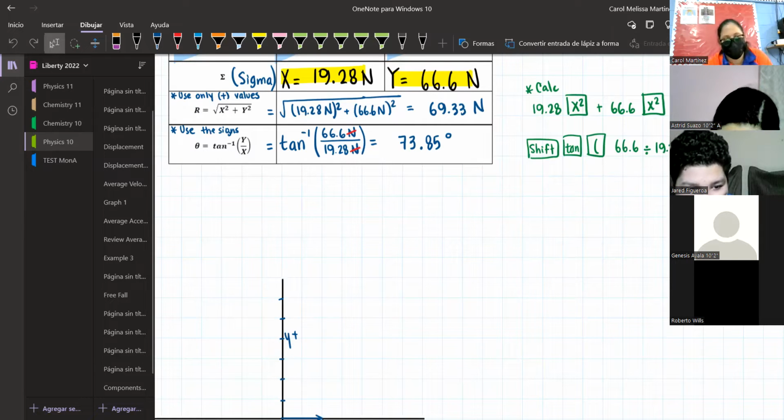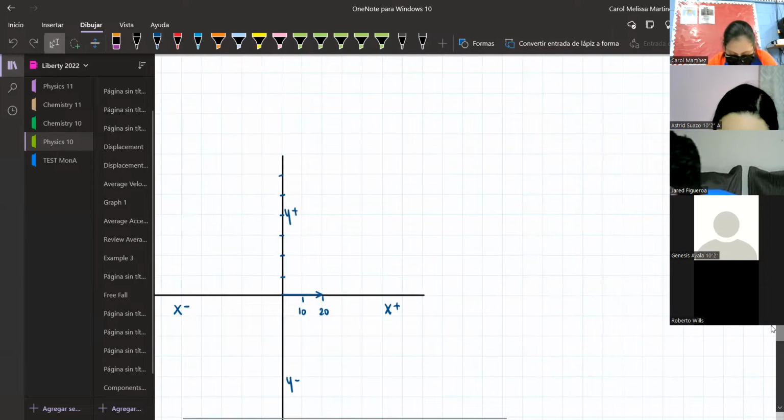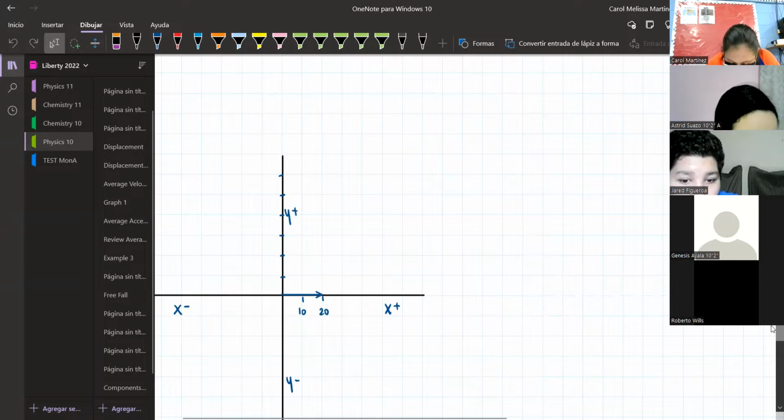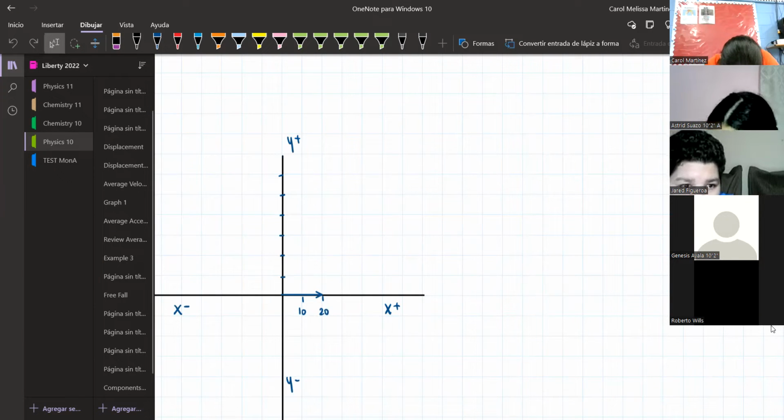Okay, wait. Sorry, it didn't fit. Okay, so it's gonna be between 70 and 60 for Y, okay? So this is Y.